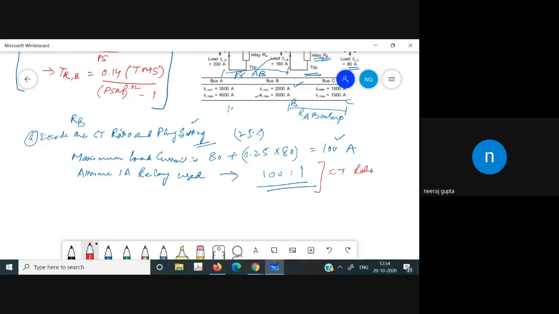It depends upon the maximum load current. Now, let us suppose that the plug setting is done at 100%. It means that the plug setting is 1 ampere.